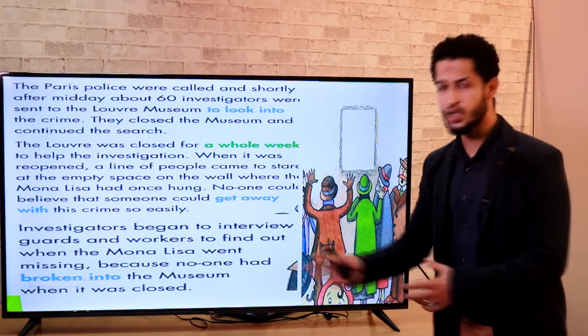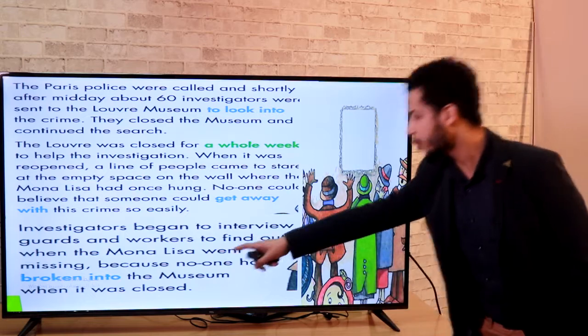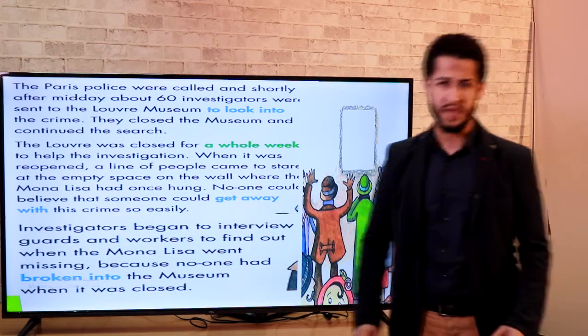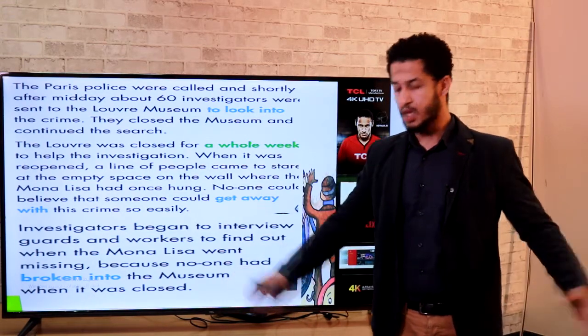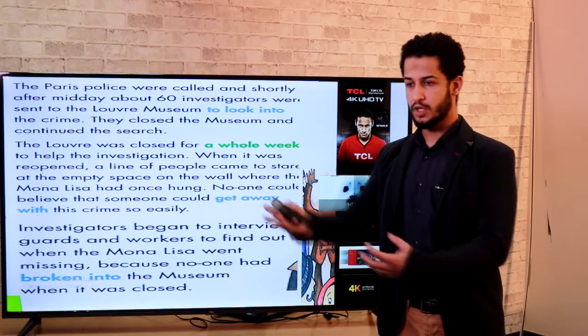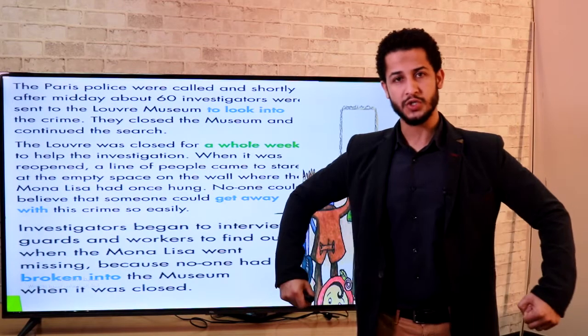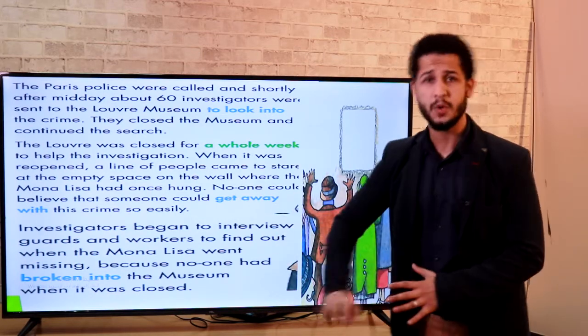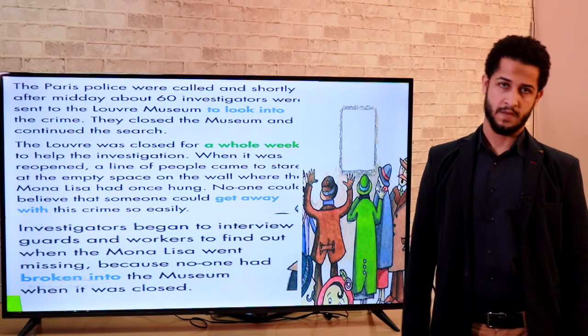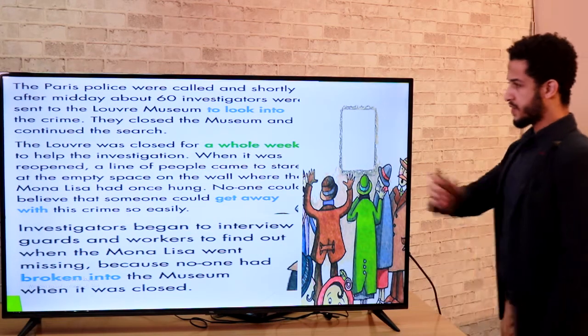No one broke in a door to enter the museum. It means now the investigators are in the museum. They want to write down information. So they asked the guards of the museum and the people who worked for the museum. Okay, the next page.